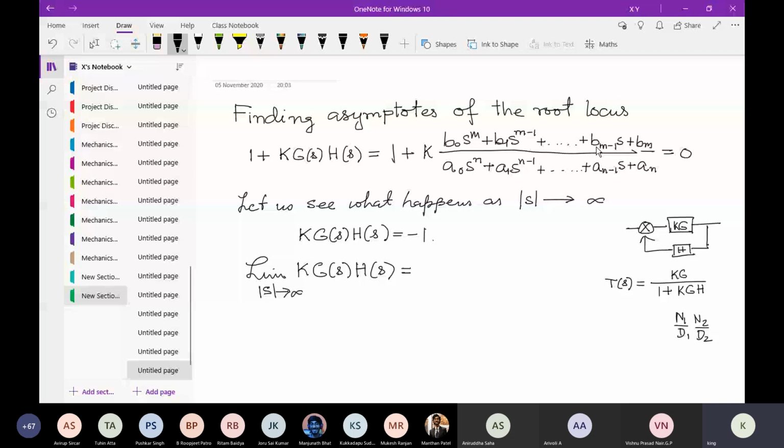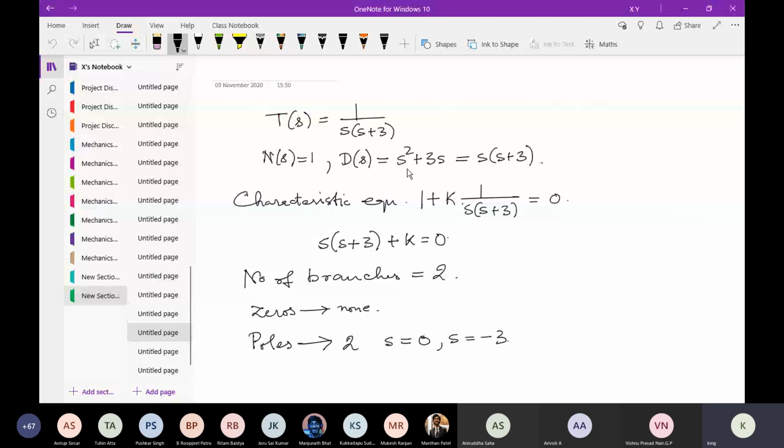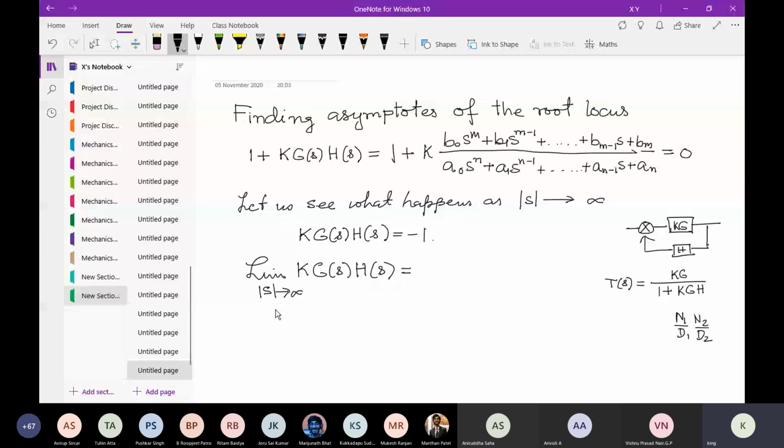This is the characteristic equation, and this is looking like this. So I am just recasting it and trying to look at it this way. And let me proceed. I think your doubts will get cleared.